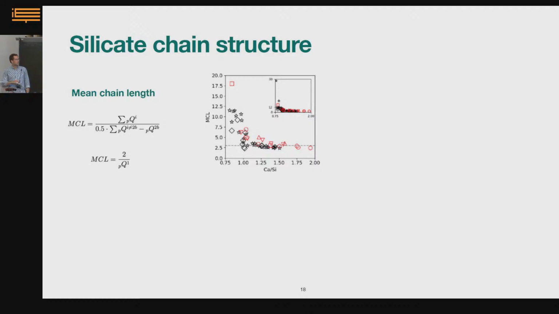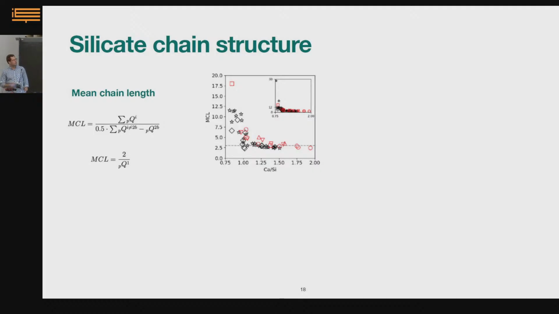And as the mean chain length decreases, fewer bridging sites are present, the more defects there are, so more vacant sites. And that's a collection of data points that I found in the literature of CSH that reported calcium silicon ratio and mean chain length, and we see the trend that as the mean chain length decreases, the calcium silicon ratio of CSH increases.